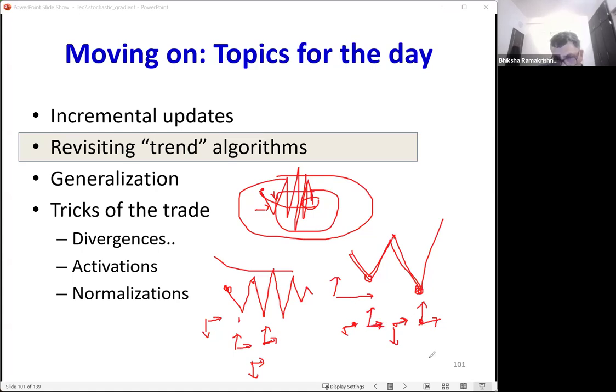And so suppose I took a running average of the gradients. Then in this direction, the gradients are always consistent, so the running average is always going to be a significant value pointing forward. But in the vertical direction, this downward and this upward and this downward and this upward, they will cancel out.